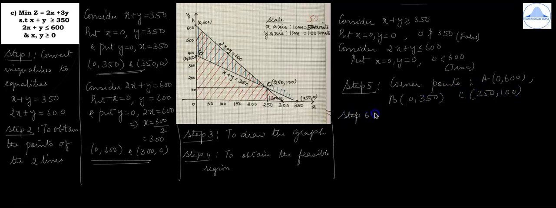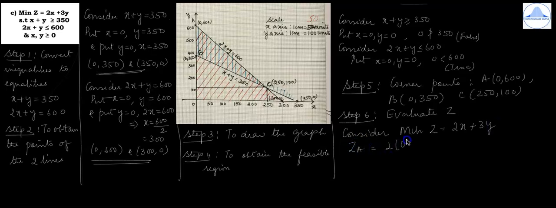Then step 6 is to evaluate Z at the corner points. So you consider minimize Z equal to 2x plus 3y. So ZA is equal to 2 into 0 plus 3 into 600, which is 1800.